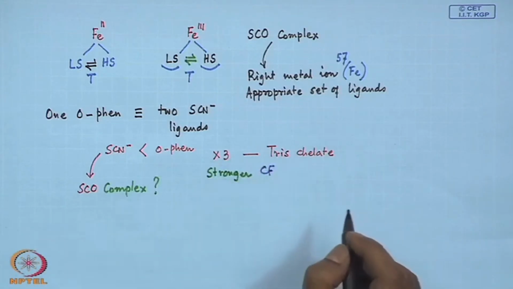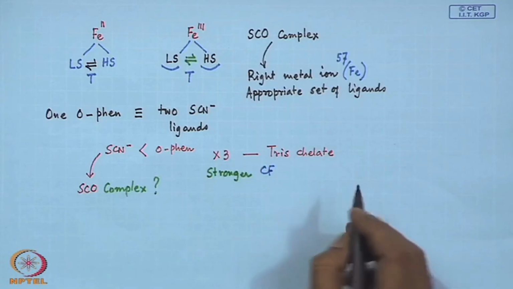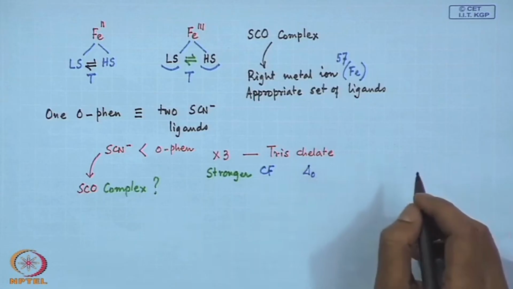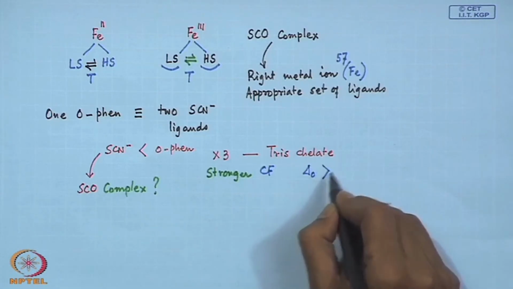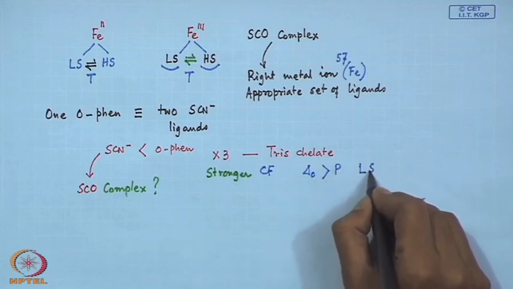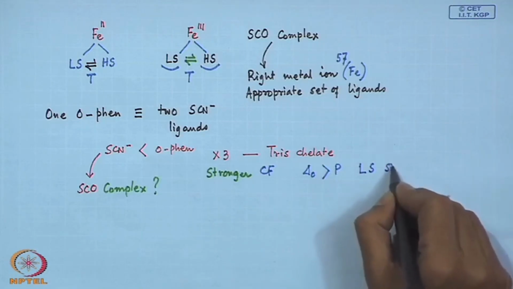In this stronger crystal field, delta octahedral is greater than P, and we will end up with a low spin situation.